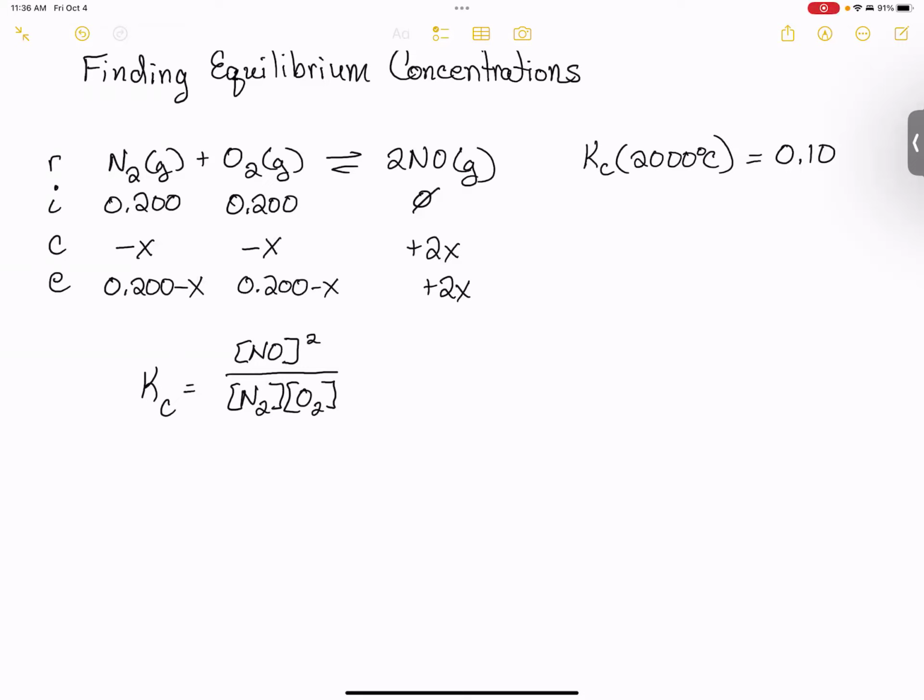And because they don't, they screw up what gets squared and what doesn't get squared. So now Kc is 0.10, equal to our nitrogen monoxide concentration squared, so 2x squared, divided by our nitrogen concentration of 0.200 minus x times our oxygen concentration of 0.200 minus x.